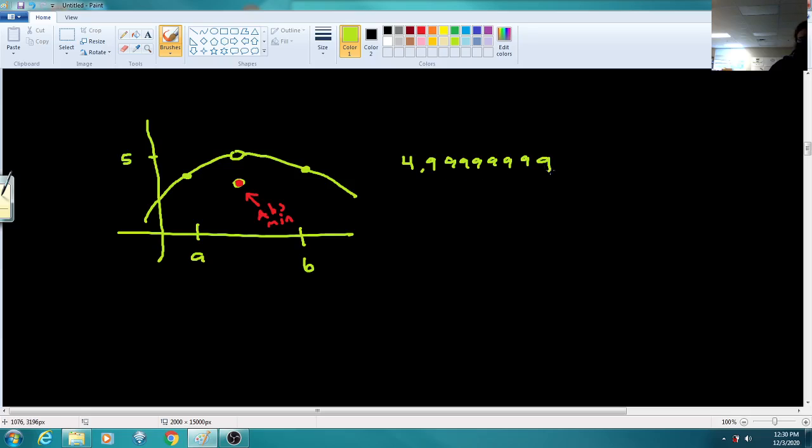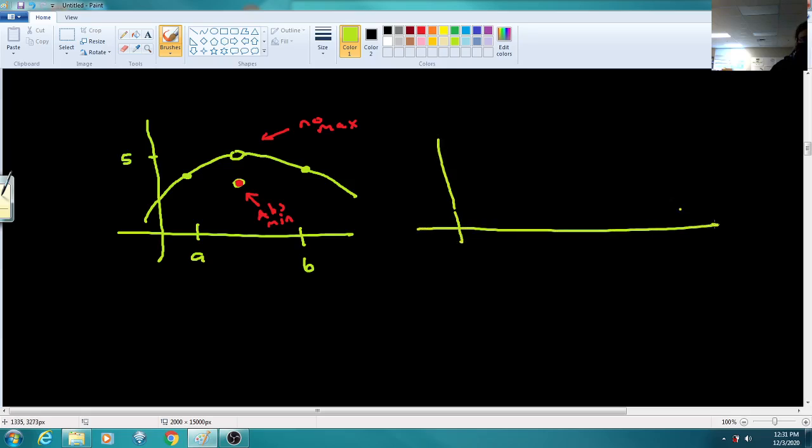And however many 9s I write, I can always put an extra 9 after it. And that's a number that I missed, that I didn't include, that's bigger than the current one I'm claiming is the max. And that causes an issue. So if the value that's going to create the maximum or the minimum is missing due to a removable discontinuity, there's no maximum over here.